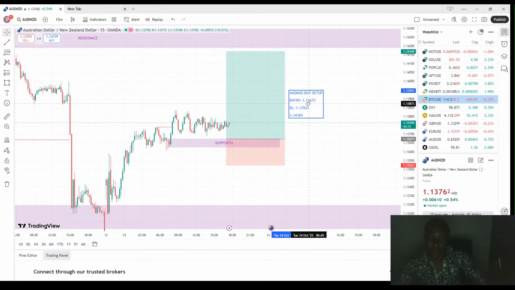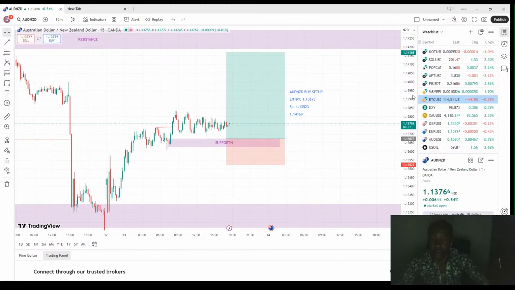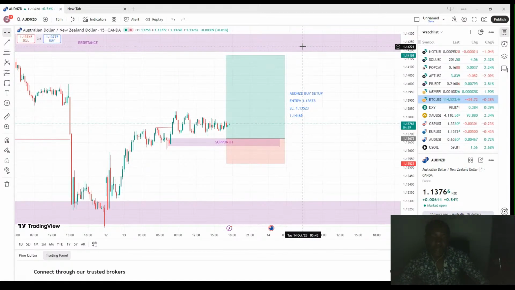Okay, so this is our setup on AUD NZD. So we are looking at this resistance. If this resistance should hold just like previous months, we drop the market all the way to the south, massive south.